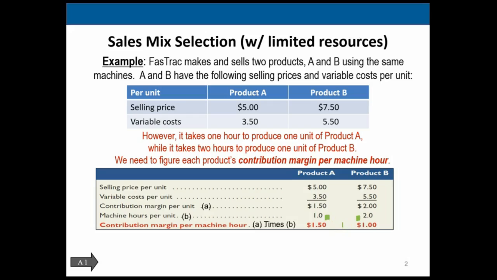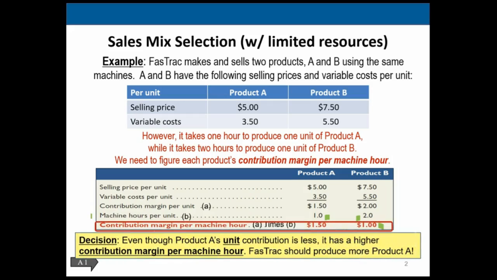Therefore, if we divide out the contribution margin by the hours, the contribution margin per machine hour for A then is $1.50. The contribution margin per machine hour for B is $1. So in this case, we're saying that the contribution margin for A in terms of machine hours, in terms of the bottleneck, would actually be better than B. So in a situation such as this, where we have this bottleneck situation, it could be useful for us to take into the relevant information, meaning how much does it cost per bottleneck activity, in this case being machine hours.